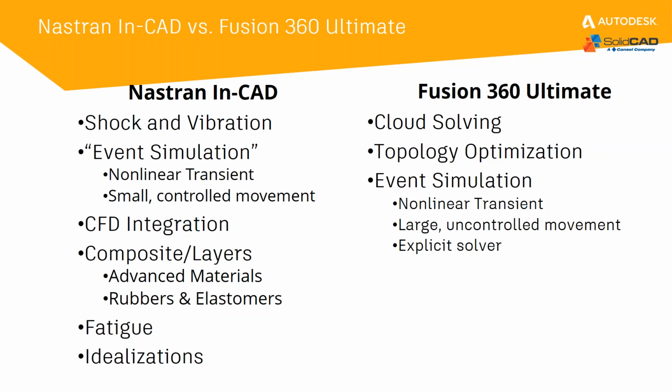It allows us to reduce the mass of a part using topology optimization. And in terms of event simulation, it can deal with large uncontrolled motion in this nonlinear transient solution implemented using an explicit solver.